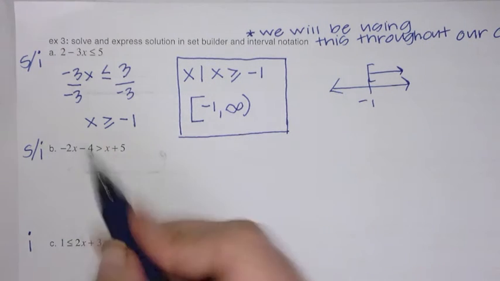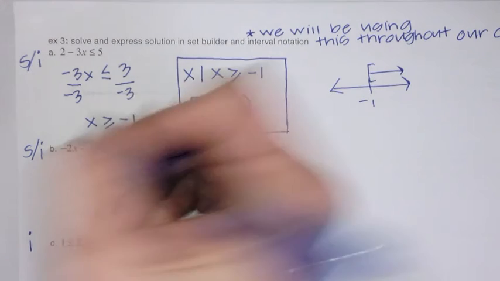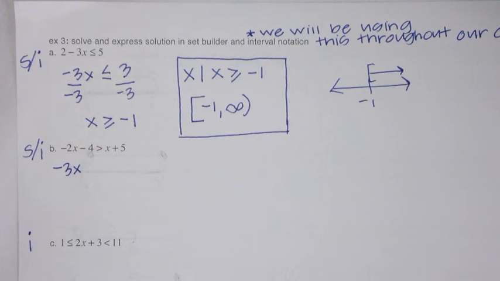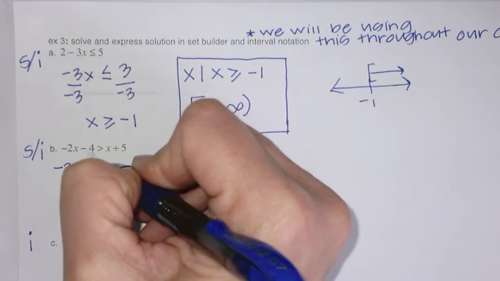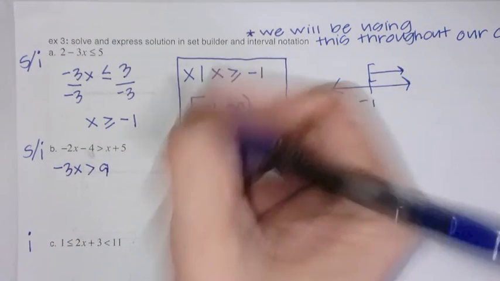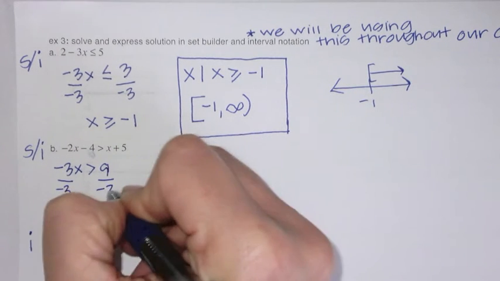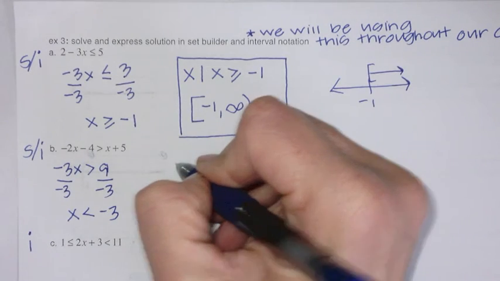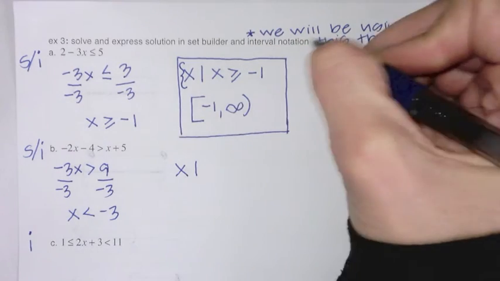Okay? Next one, because we have x's on both sides, we're going to get 1x on this side. I always like to put my x on the left. You don't have to, but it makes everything easier. And then that's going to be greater than 9, because when I add 4 to both sides, then I'm going to divide by another negative. And I get x is less than -3. So set builder notation: x such that, I should really have braces on these guys up here.